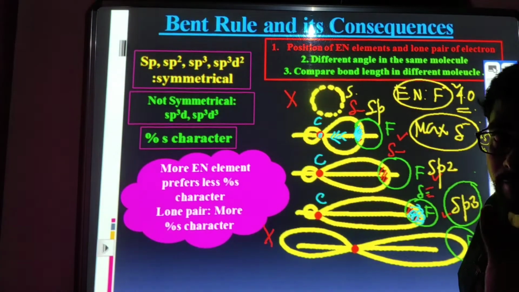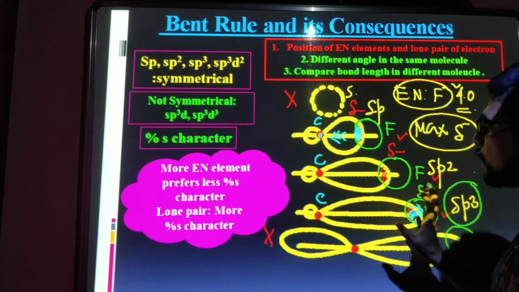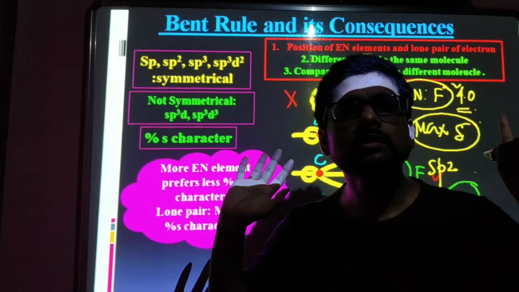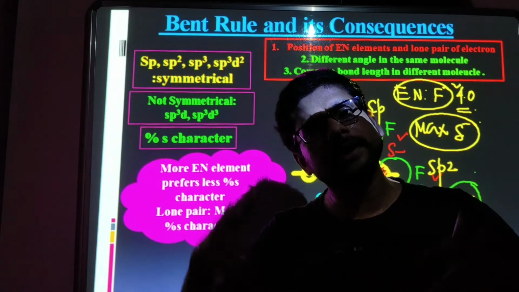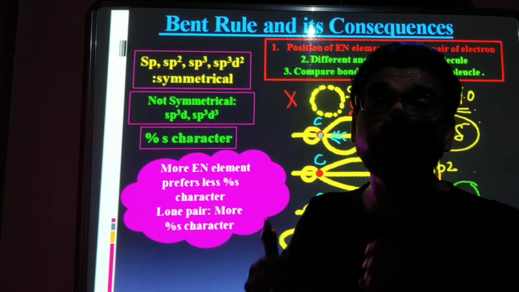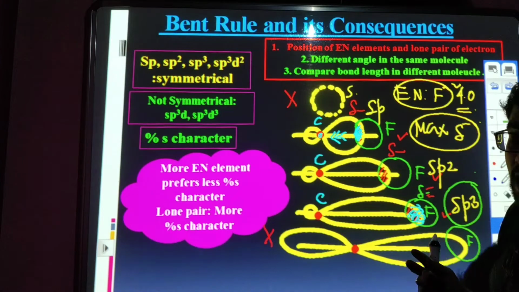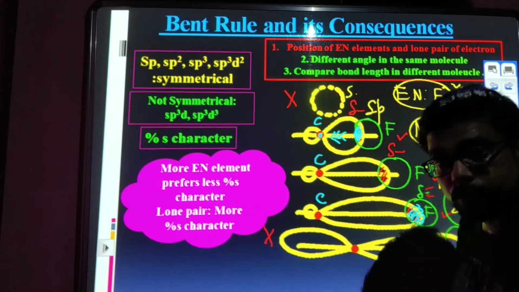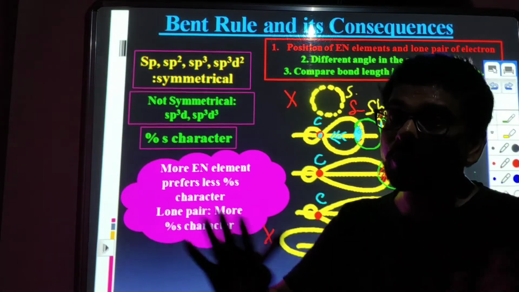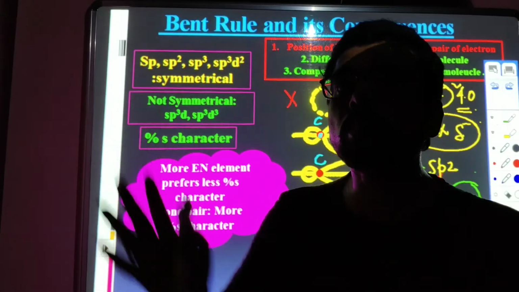A more electronegative element, here I am taking the example of F, will try to occupy positions where the percentage of s character is less. After that, adjustment will be done. If in one hybridized orbital the percentage of s character is reduced, fluorine will reduce it, and that reduction of s character will be distributed in the other hybridized orbitals. The s character won't decrease overall.